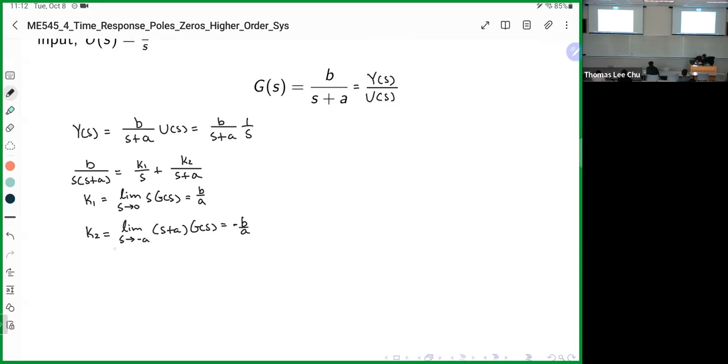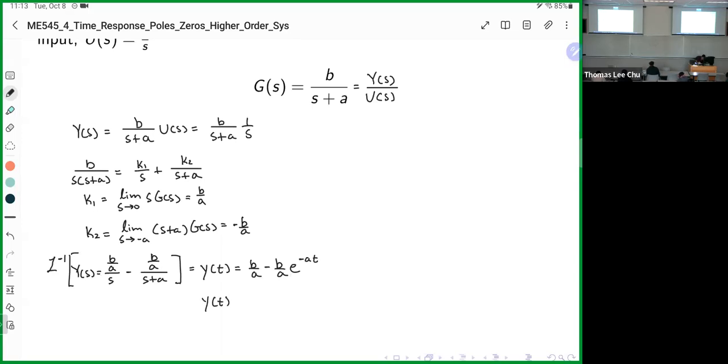So then we get B over A over S, minus B over A over S plus A, which is our partial fraction expansion of Y of S. When we take the inverse Laplace transform of this whole thing, we get y of t equal to B over A minus B over A e to the minus AT.